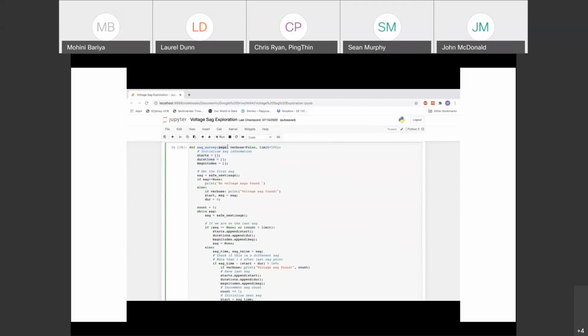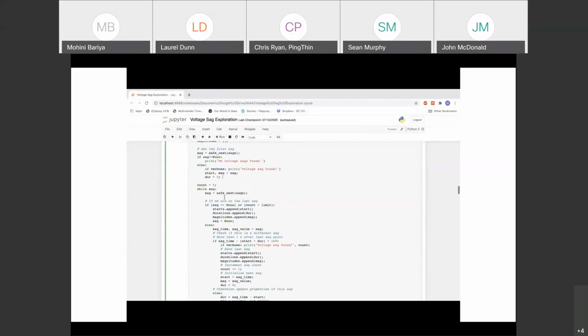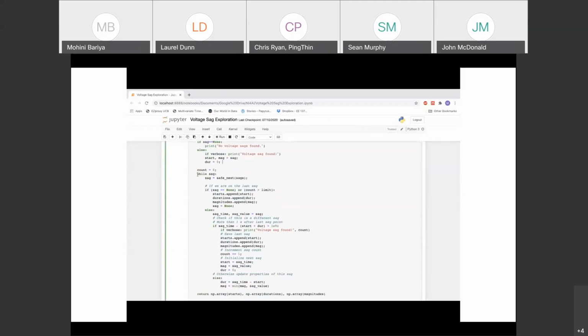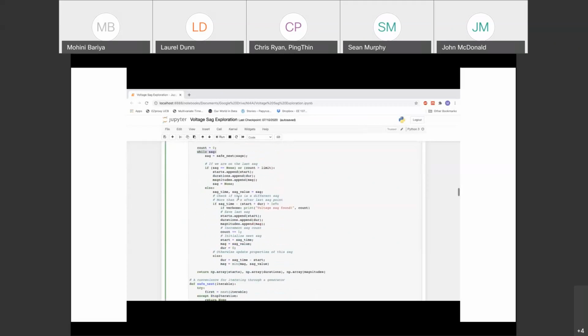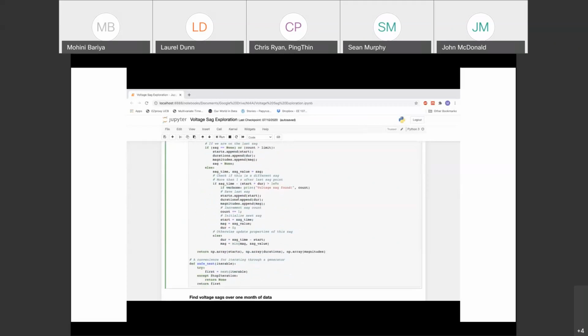The input to this function is the output of the previous function, which is this iterator, or generator, over the sag points. Now I'm looping through those raw points, and I'm basically checking if a new raw sag point belongs to a previous sag or corresponds to a new voltage sag.